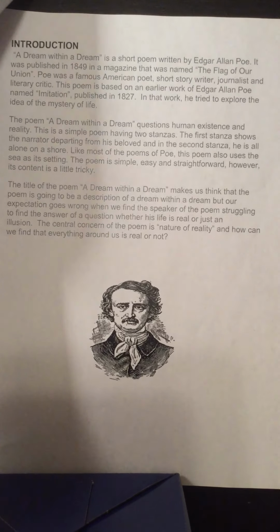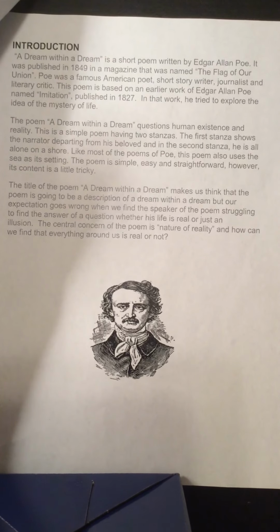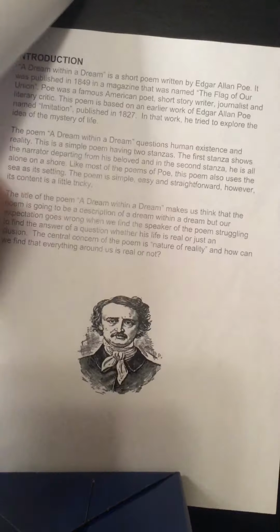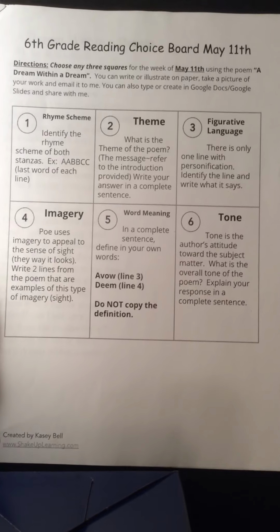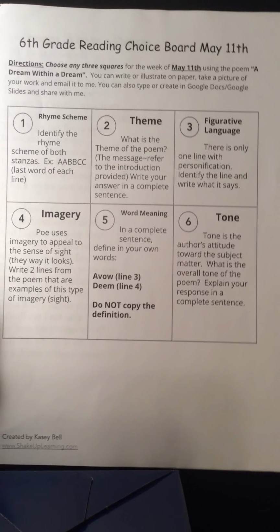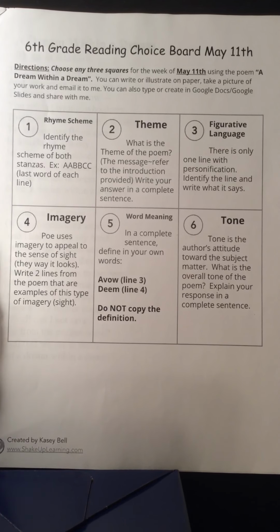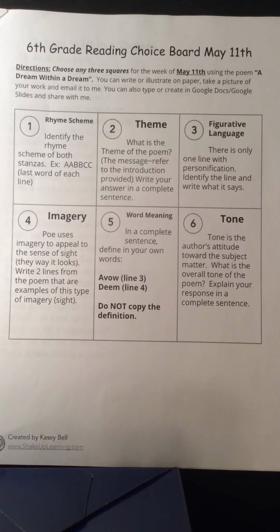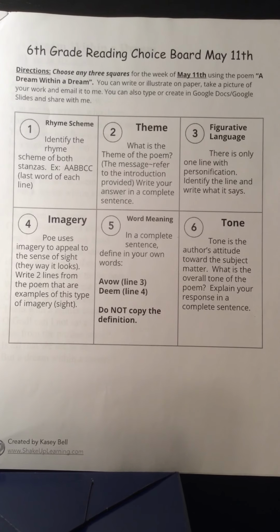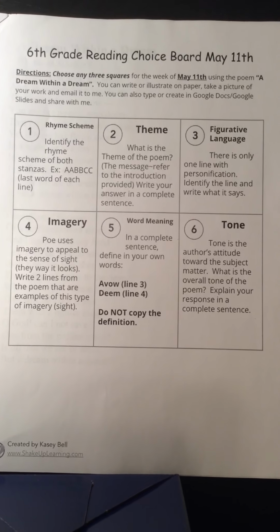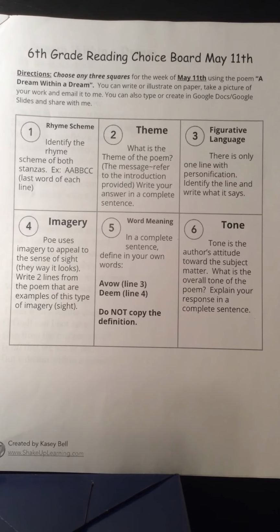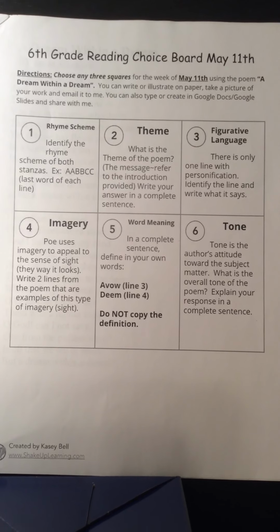It's got information on how to interpret the poem and a little bit of background information about Edgar Allan Poe himself. Okay, so please make sure you read that first. And you guys all know what theme is. And again, write your answer in a complete sentence. What is the universal message that the author or the poet is trying to get you to understand?